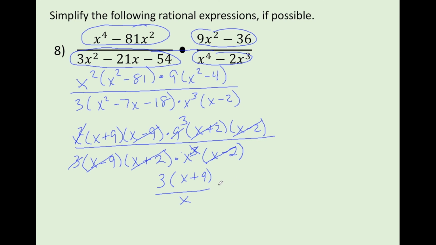Okay, here's our final answer: 3 times quantity of x plus 9 over x. X squared up here, x cubed down here, leaves one more x down here.